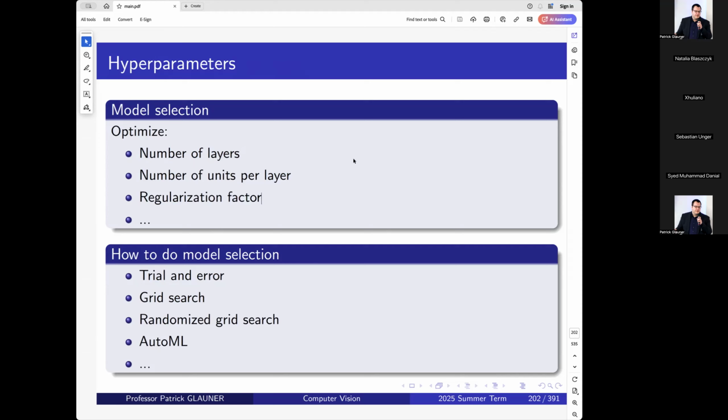And for the regularization factors, they would maybe be small values like 0.001, 0.03, and so forth. So you would come up with possible values of your hyperparameters, and with grid search, you would say, try out all of these combinations.